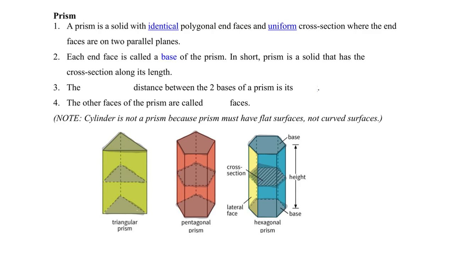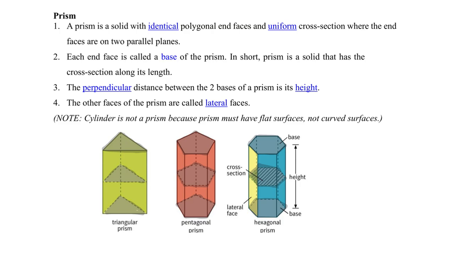And there is this other distance, the perpendicular distance between the two bases or the two cross sections. We call it the height or the length. The other faces are called the lateral faces.